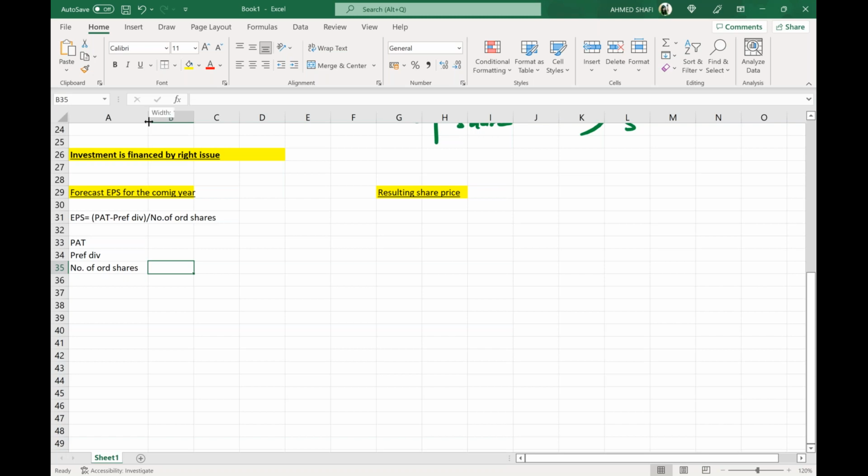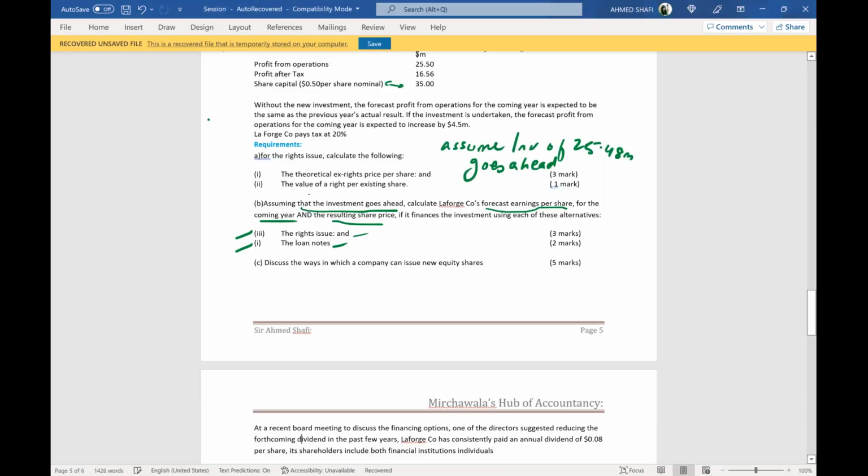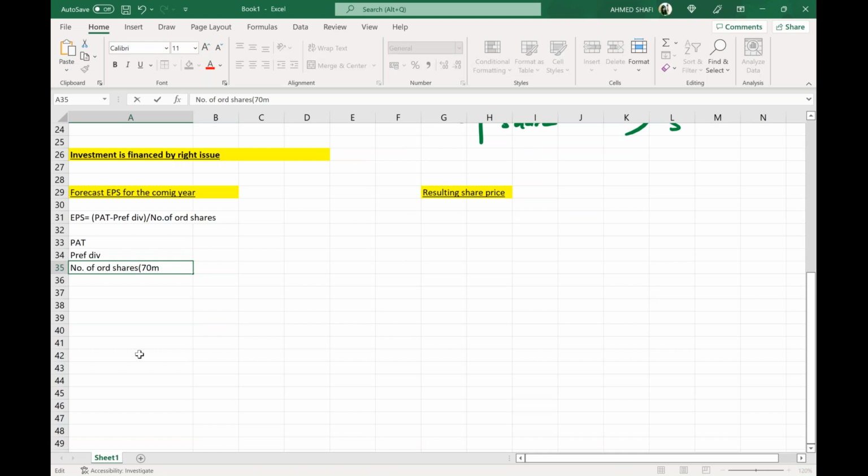If investment is financed by right issue, the number of ordinary shares for the coming year will be how many shares the company currently has. Remember, 35 million capital, 0.5 par value. Company currently has 70 million shares plus, remember, investment is financed by right issue.